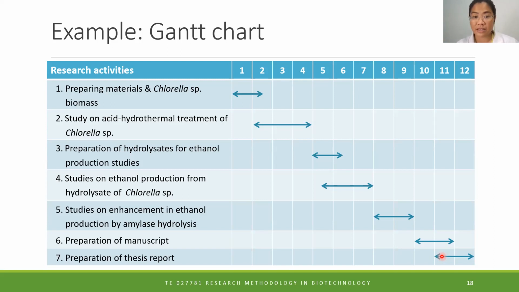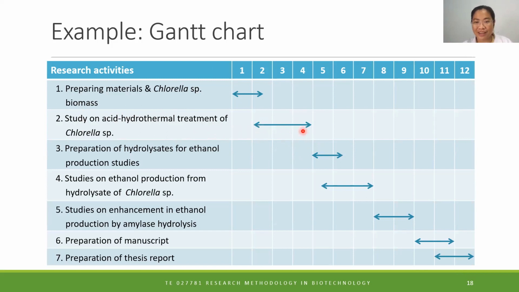So this is how the Gantt chart looks like. And like I told you, if you plan out well and stick with the plan, you finish within due time. Okay. And for those of you who are keen on planning, you can have another Gantt chart for each of the activities.